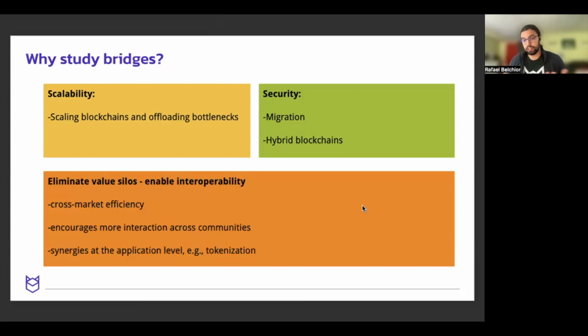And typically, the biggest advantage of enabling interoperability across blockchains is leveraging cross-market efficiencies, encouraging interactions across communities, moving liquidity across blockchains, and also exploring synergies at the application level, like cross-chain tokenization. Also, for example, cross-chain governance, something that Uniswap is currently exploring.